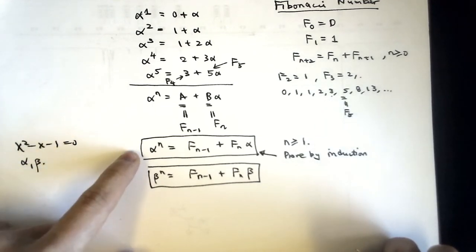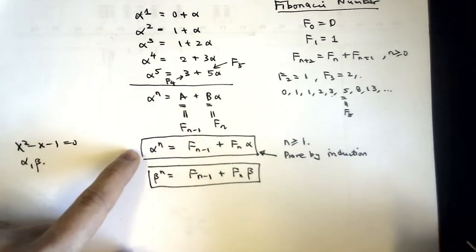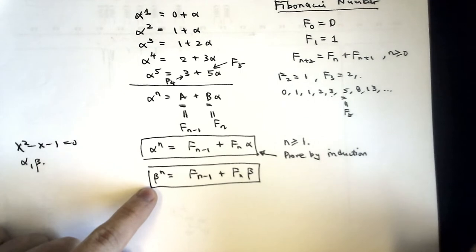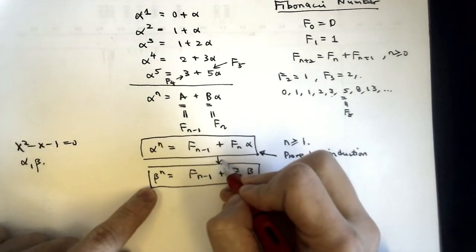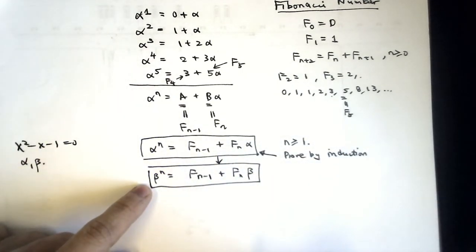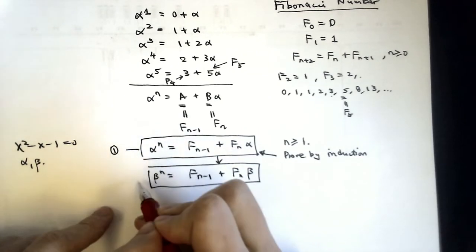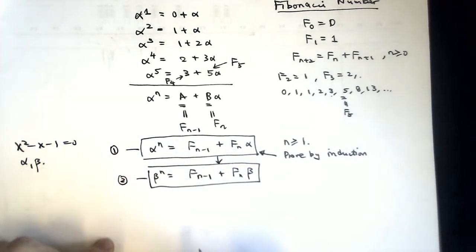Since the discussion for alpha is just the same for beta, we can simply transform alpha into beta to give these expressions. Now this is equation 1, this is equation 2.